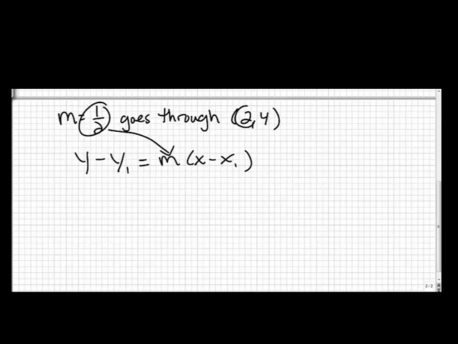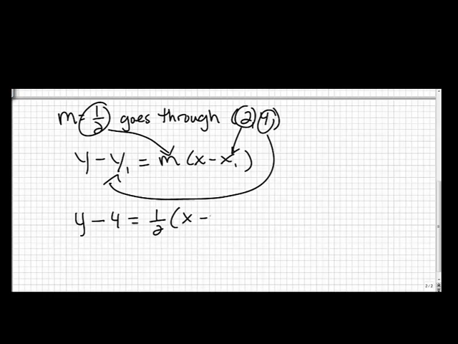We're going to put 2 in for x1, and we're going to put 4 in for y1. So after doing that, we have y minus 4 equals 1/2 times (x minus 2). Now, you can rearrange this into slope-intercept form, but this is an acceptable point-slope form answer.